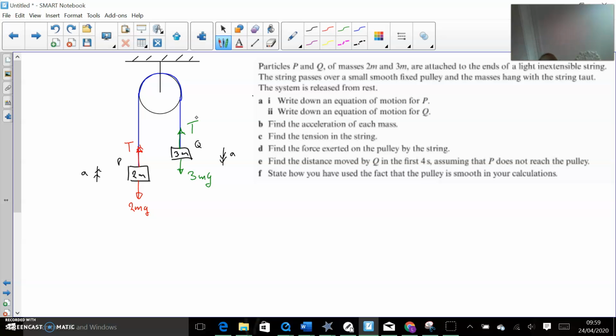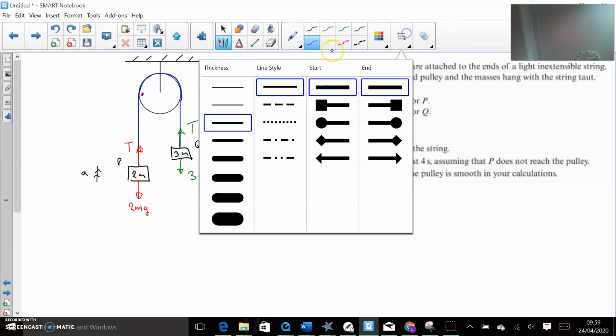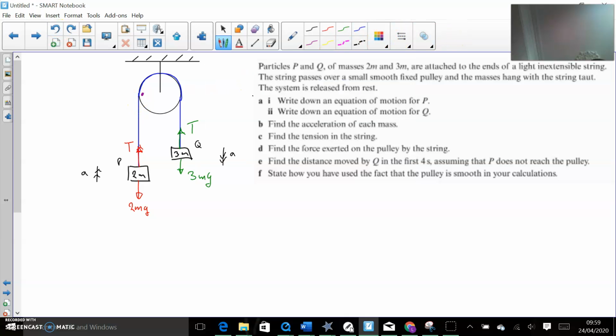We've also got the pulley, and we can put on the forces that are acting on the pulley. The string is pulling down on that side, and it's also pulling down on that side.